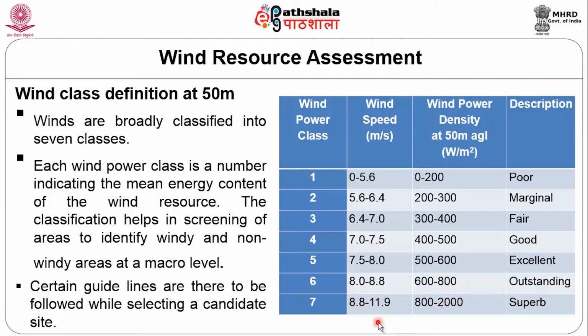If the wind speed crosses 8.8 and up to 11.9, when the wind power density is 800 to 2000, it is a superb site. According to the wind speed and wind power density, we have to choose the right location. From class 2 onwards it is the right location, but the last 3 or 4 are really wonderful sites.